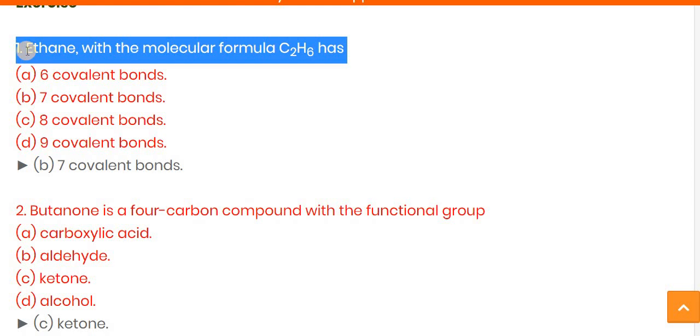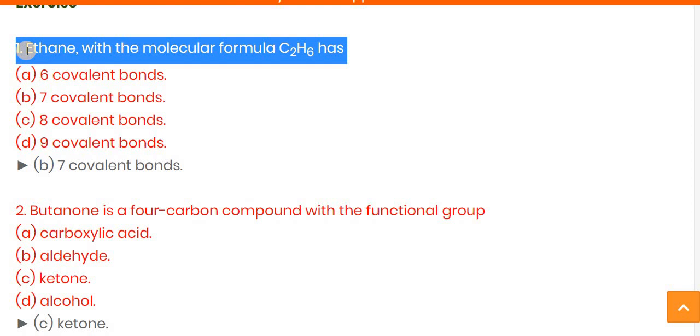Let's see one more time. The question is ethane, where the ANE is there, with molecular formula C2H6. Ethane means it is a saturated carbon compound, so it possesses single bonds only. There are 2 carbon atoms, with 1 bond between them, and each carbon atom has 3 hydrogens. So 6 hydrogen atoms are attached to the 2 carbon atoms, giving 6 covalent bonds, and between the 2 carbon atoms 1 covalent bond.